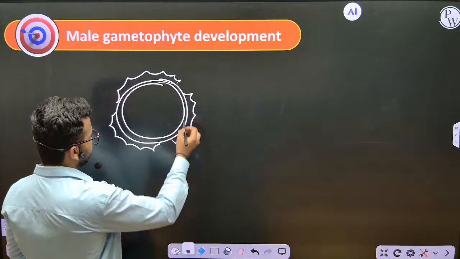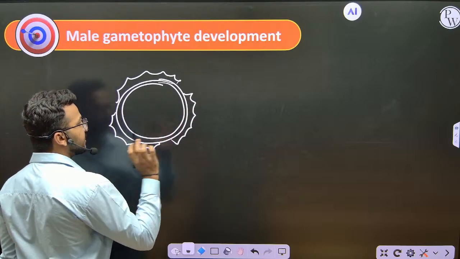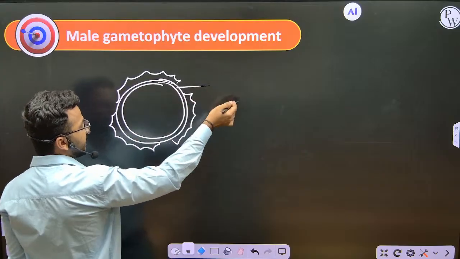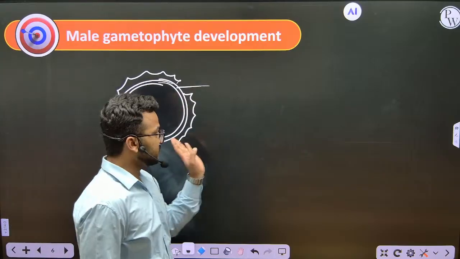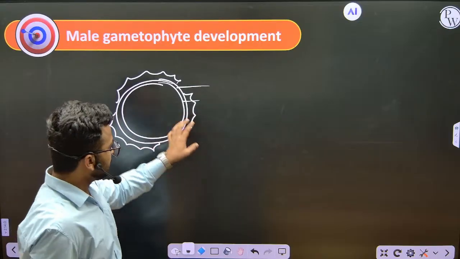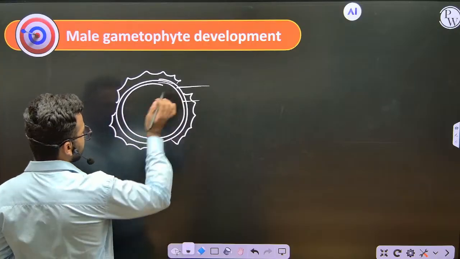So that is exine, which is made up of sporopollenin and it is discontinuous and irregular in shape. Next to that is intine, and it is continuous and made up of cellulose and pectin. We have discussed this in the last session. And the plasma membrane is like a normal plasma membrane of all cells.